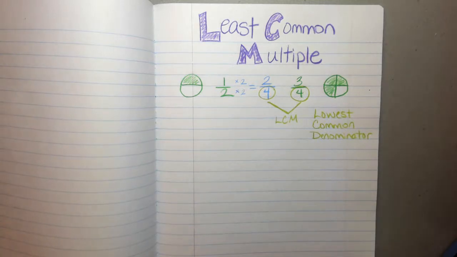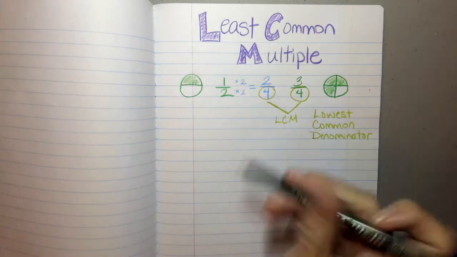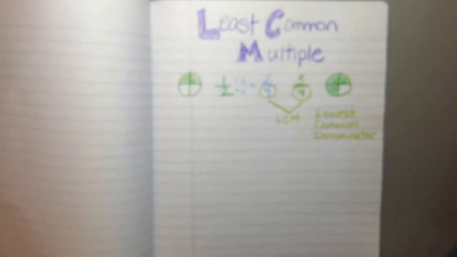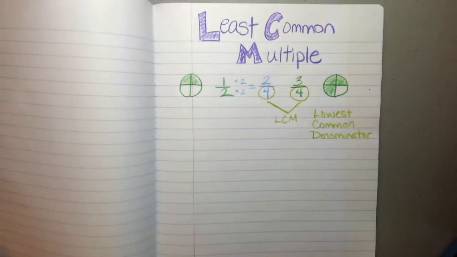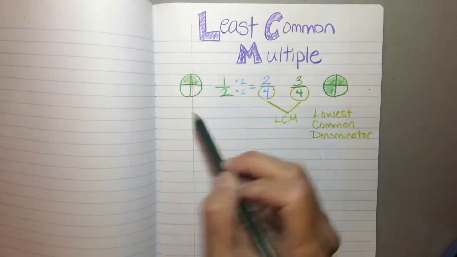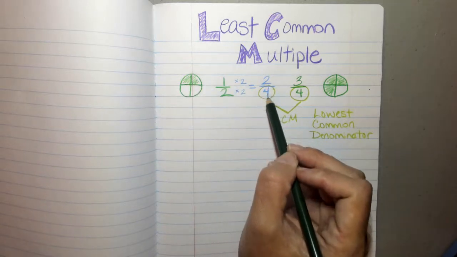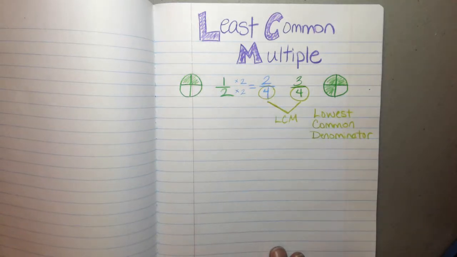So now if I wanted to add these, I could do that fairly easily, okay. And I can show myself with just adding a line that 1/2 is the same as 2/4, okay?